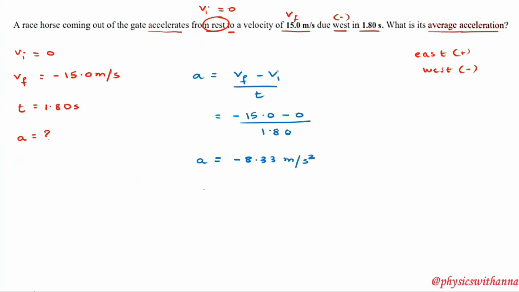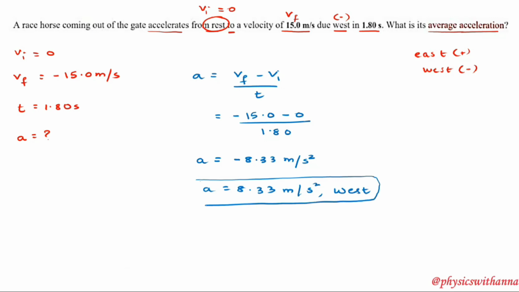Or you can also write this as 8.33 meter per second squared towards west. If you're using direction, you don't have to put the negative sign. So if I'm writing west, I don't have to put the minus here. So this is how you can apply the equation relating velocity, acceleration and time to solve problems.